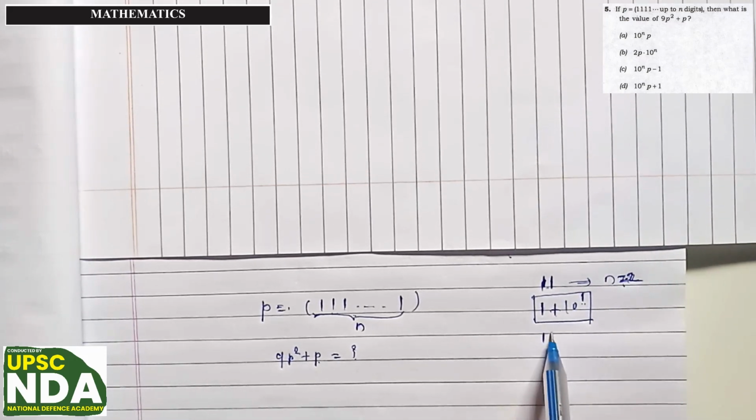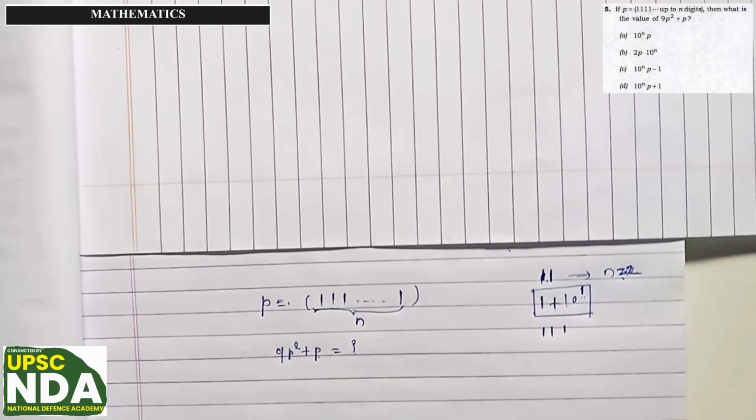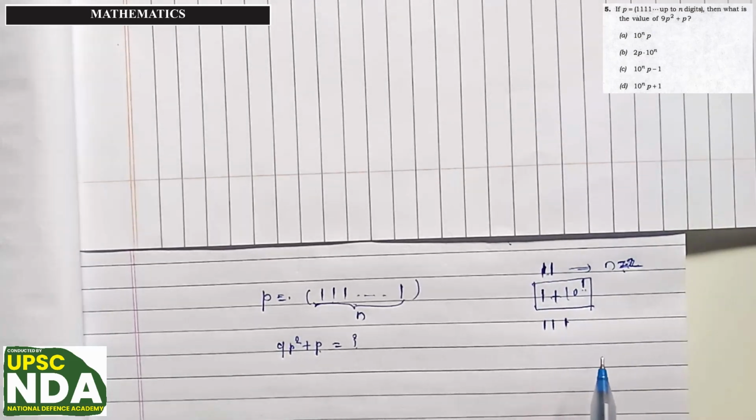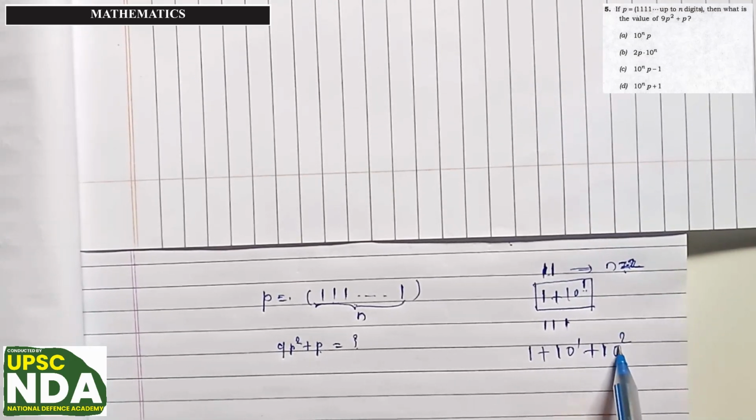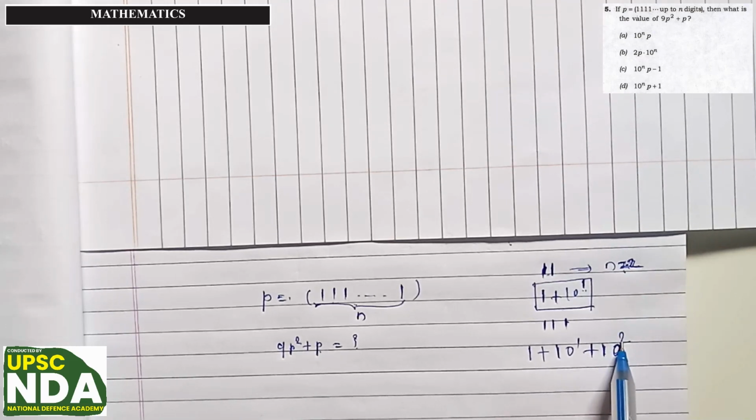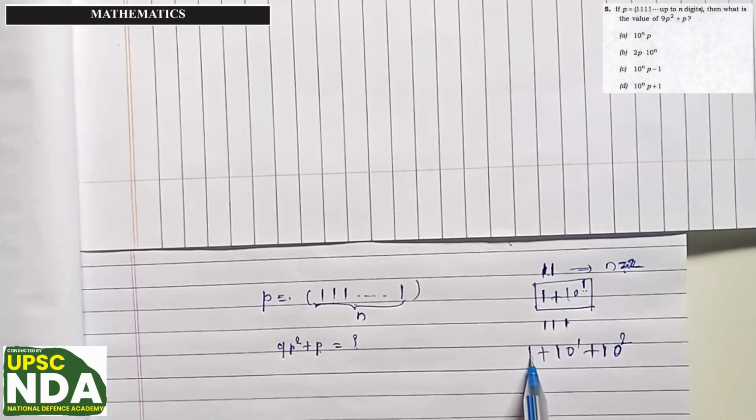Now let me go for the next one. If I consider 111, a three-digit number, how can we write 111? 1 plus 10 to the power 1 plus 10 to the power 2. Now we can see 10 to the power 2 is 100, plus 10 plus 1, that means 111.